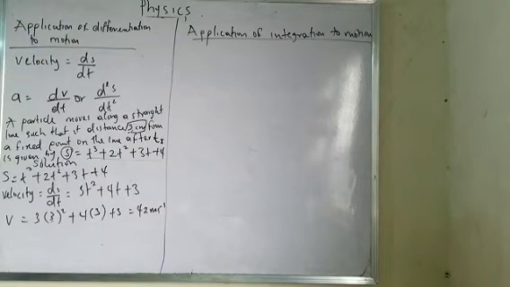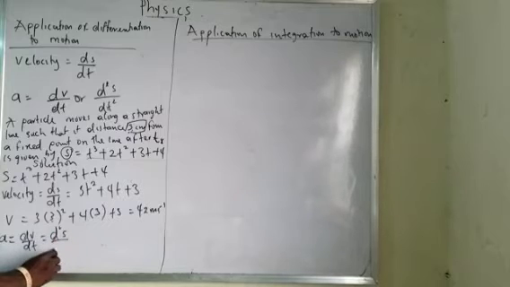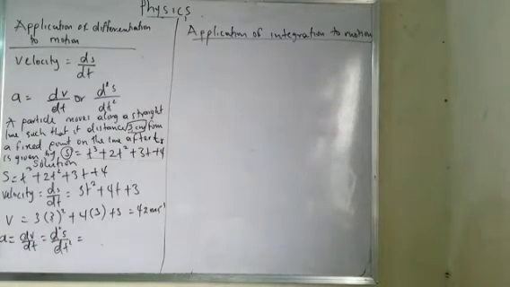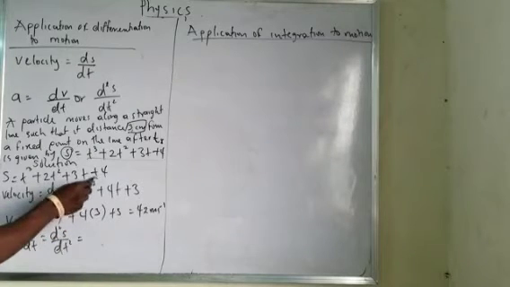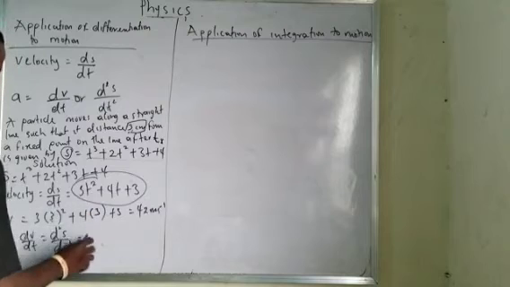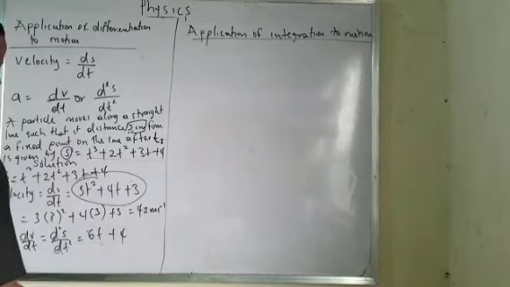Now, if I'm also looking for acceleration, a equals dv over dt, which is also d squared x over dt squared. I differentiate once more, which gives 6t plus 4.